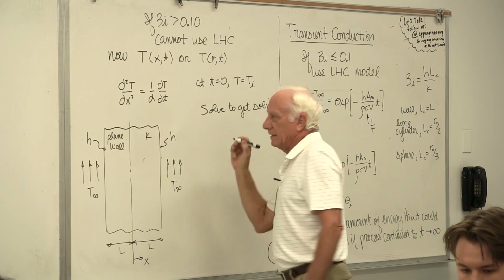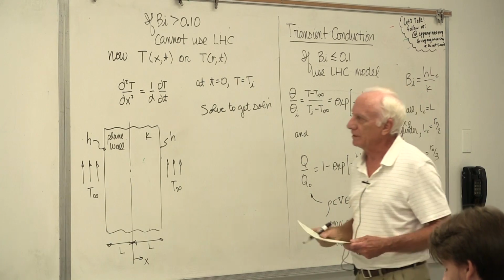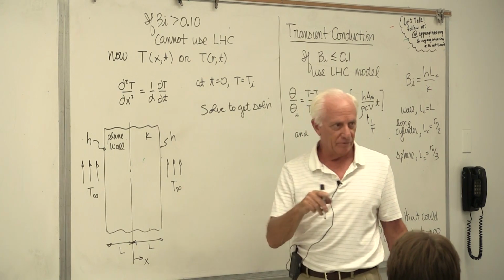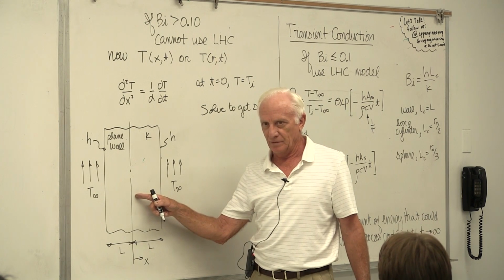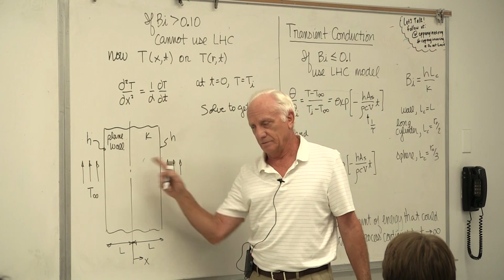We solve that partial differential equation with the initial condition and the boundary conditions. Let's take the easy boundary condition first. At x equals 0, dT/dx is 0. The slope of the temperature curve at the middle is 0, because it's symmetrical.